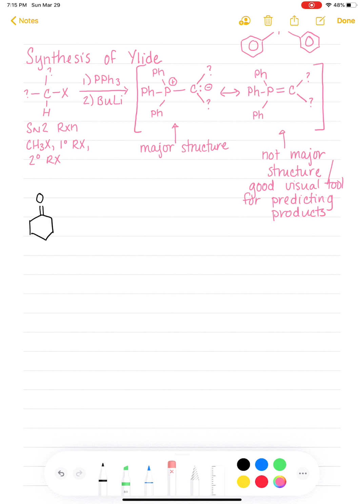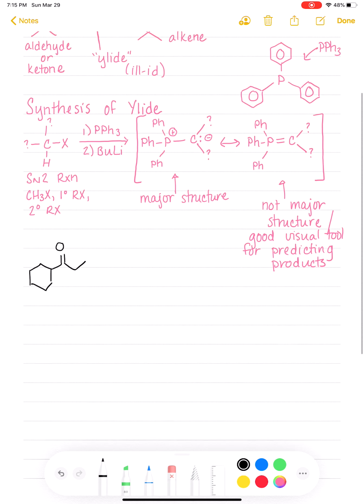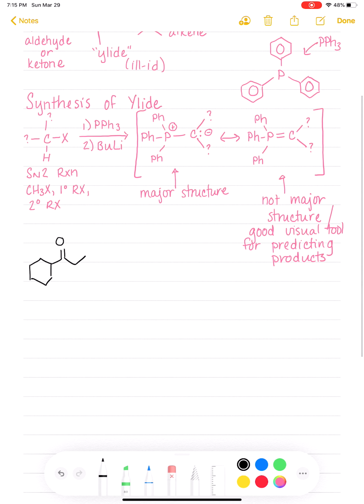That is definitely not what I wanted to draw. This is a ketone that I wanted to draw, and we are going to react our ketone with this ylide and predict the products of this reaction.